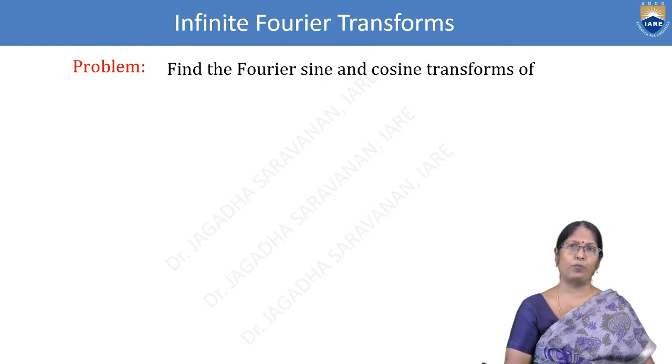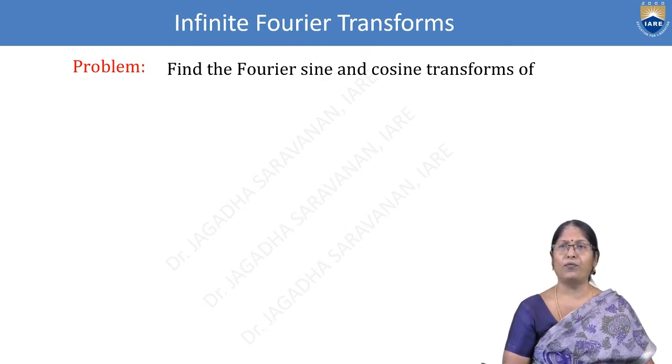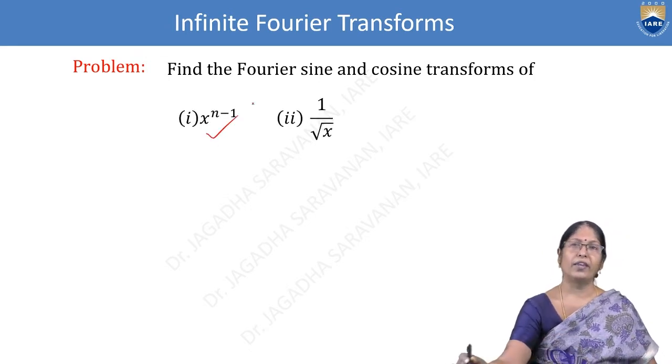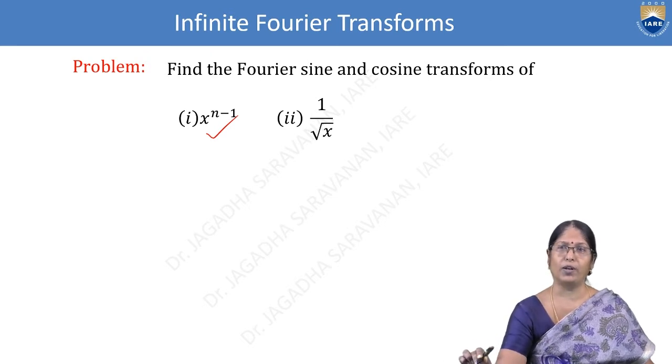The first problem is to find the Fourier sine and cosine transforms of, first, x power n minus 1, and second, 1 by root x. We have to solve these two sums for Fourier sine and cosine transform.